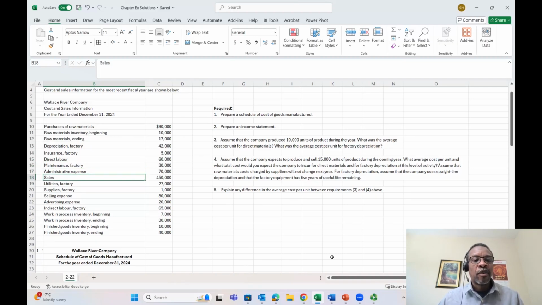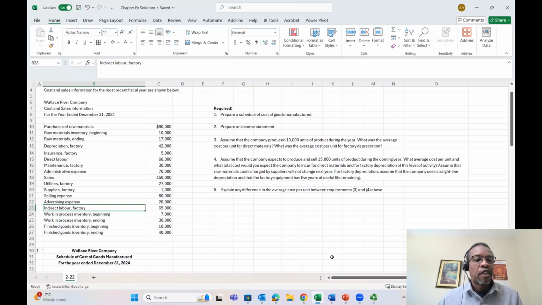Sales, that would be part of our income statement, so as well, we ignore that for now. Utilities, factory, so again, another one. Supplies, factory, so again, another one that will be part of manufacturing overhead. Selling expense, we know that's not part of manufacturing, that's part of our period cost, as well as advertising expense, right?